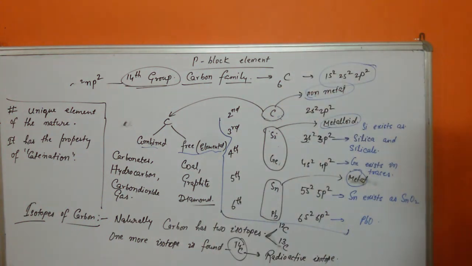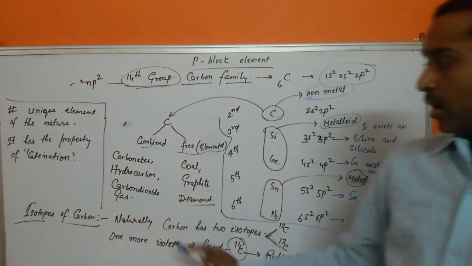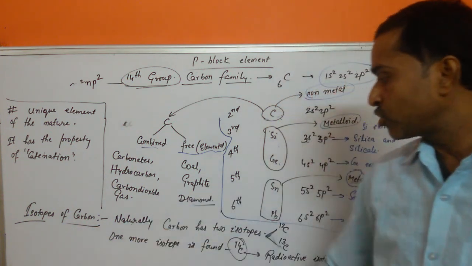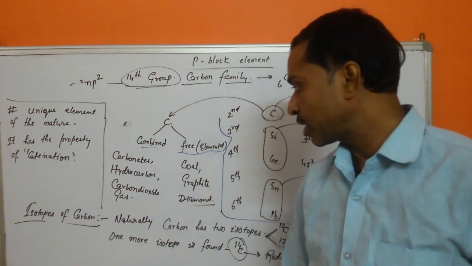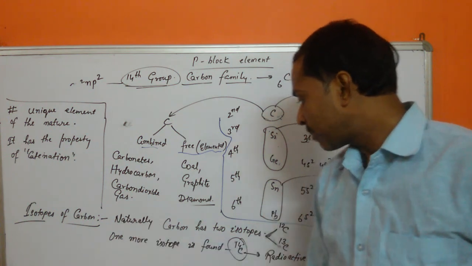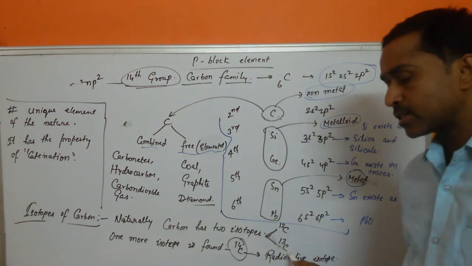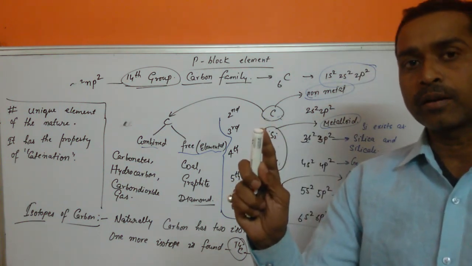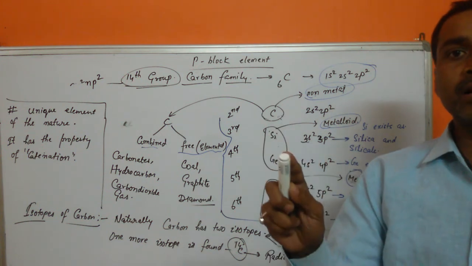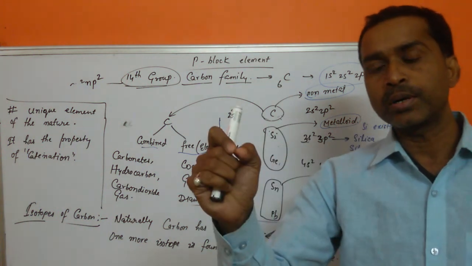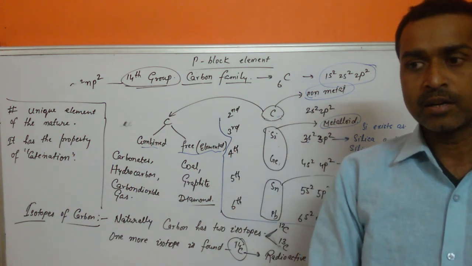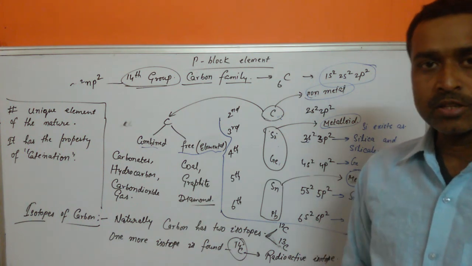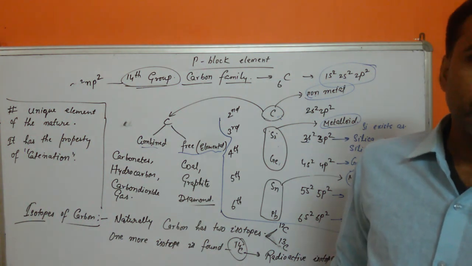Okay. Look here now. Isotopes of carbon: how many? Naturally, carbon has two isotopes, C12 and C13. But one more isotope is present, C14, by which we find the age of wood, and this is the most important isotope, the radioactive isotope.